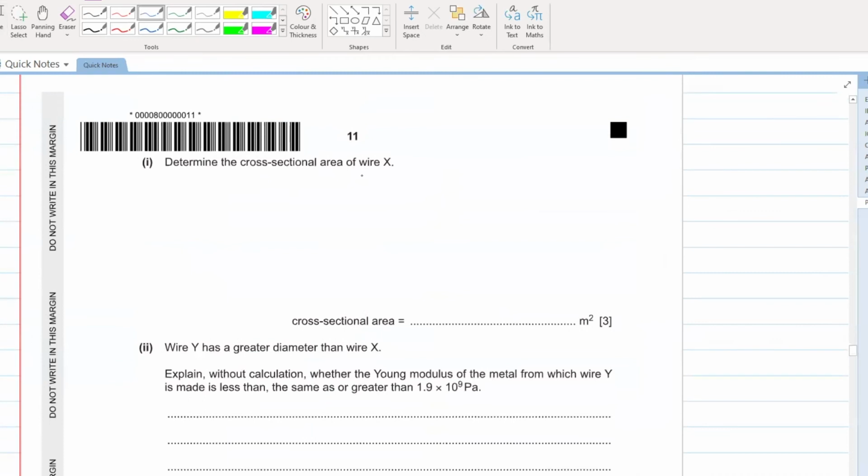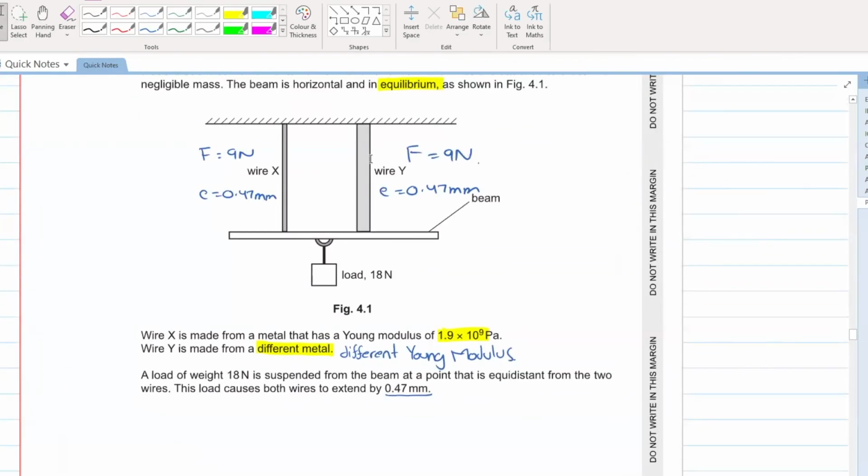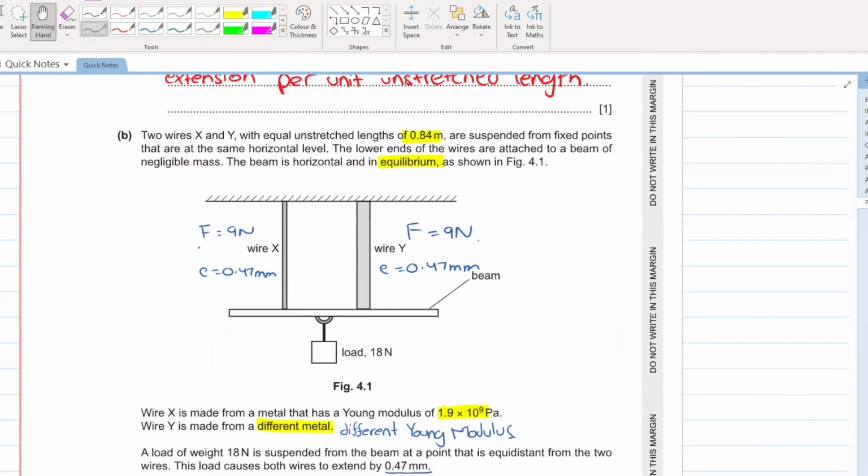Determine the cross sectional area of wire X. Now visualize something. Slowly start to visualize things. If you analyze wire X, do you have the length of wire X?